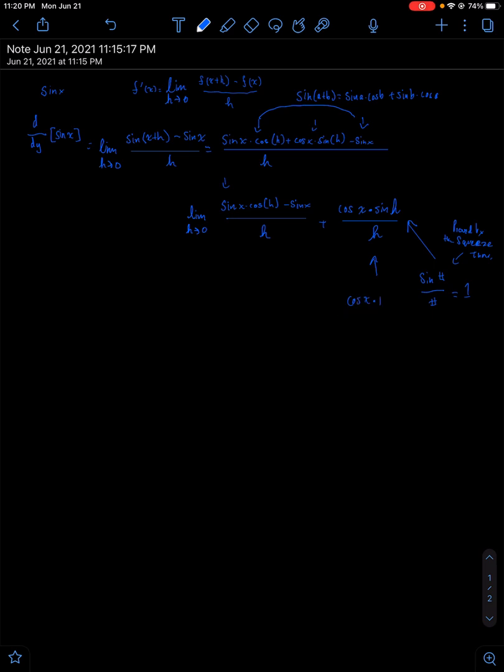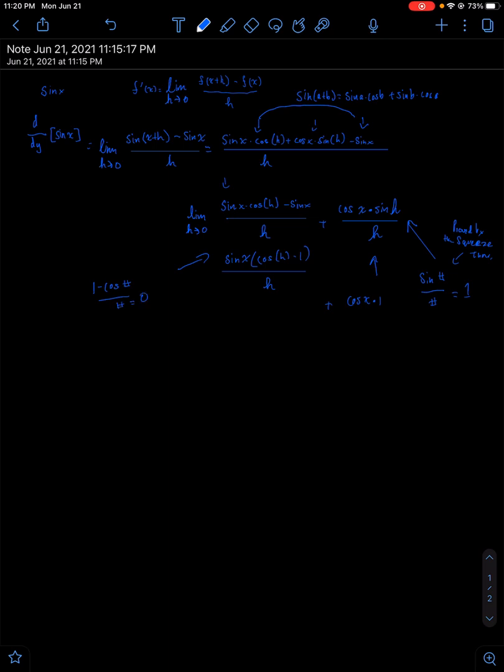We don't even have to write it over 1. And let's look over here. This part requires some simplification. We can factor out the sine x, and we get cosine of h minus 1 over h. From our identities, we know that cosine of some number minus 1 over the number equals 0.